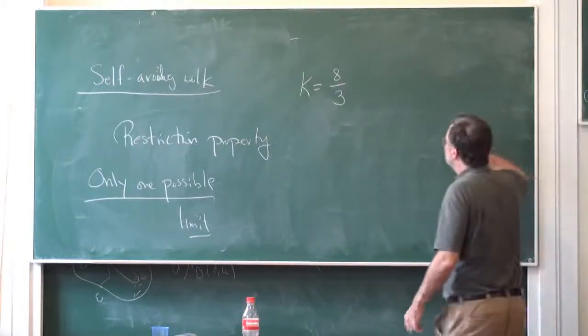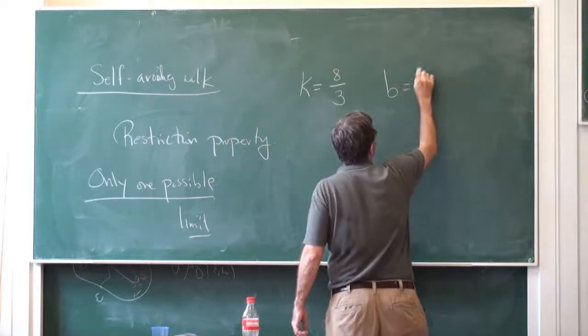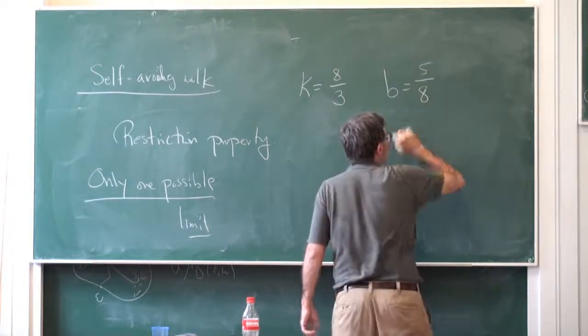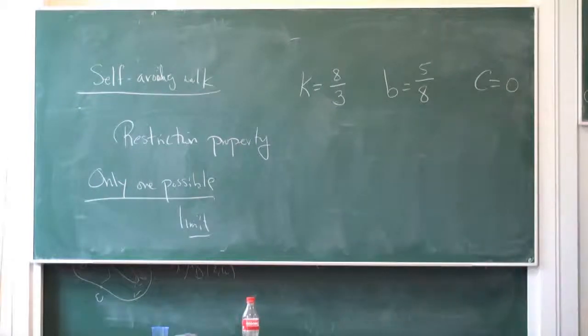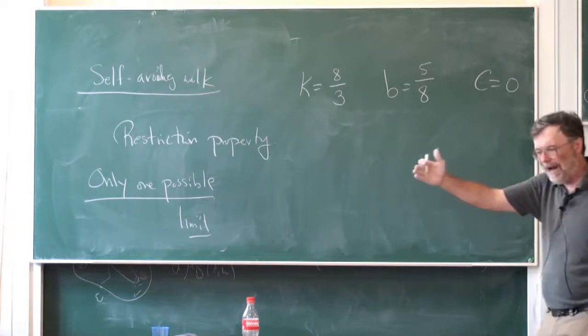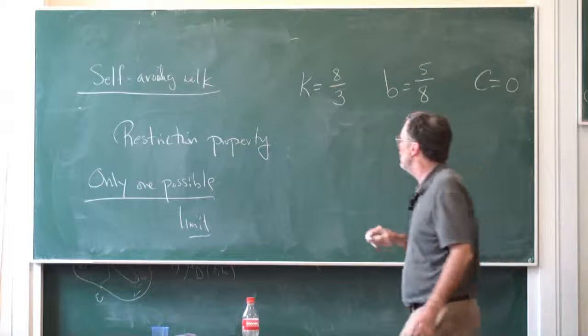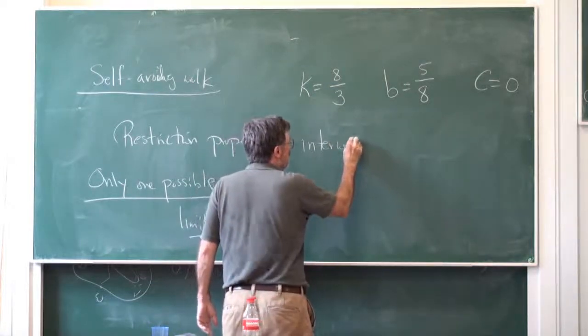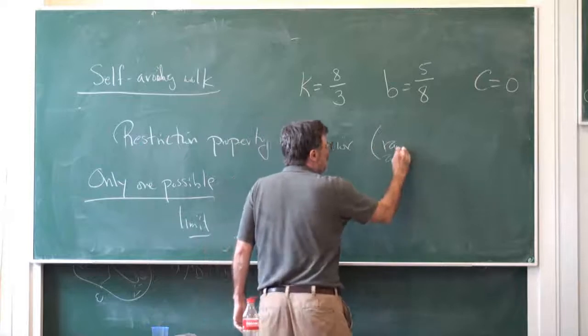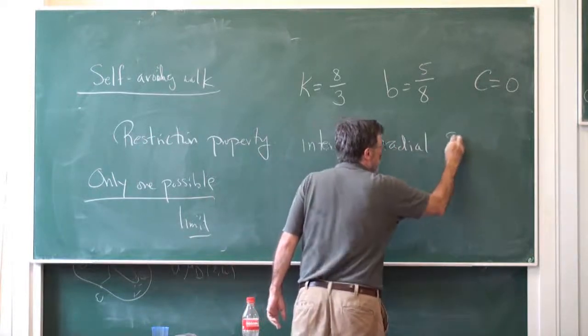I'll let you do these exercises: C equal to 0 is the restriction property, and B is equal to 5/8. By the way, yesterday I gave you boundary to boundary exponents. I also discussed interior exponents. I don't have much time to discuss this, but there's still something called radial SLE.